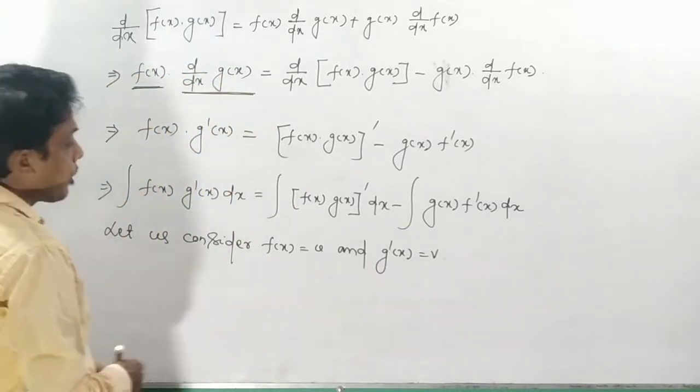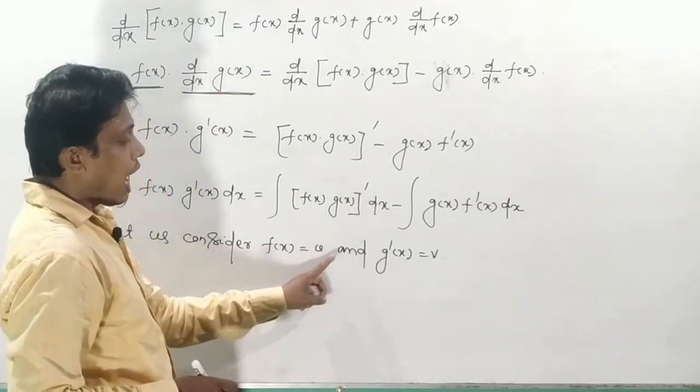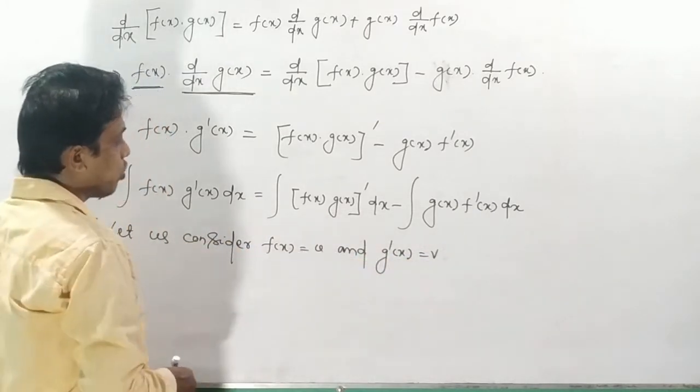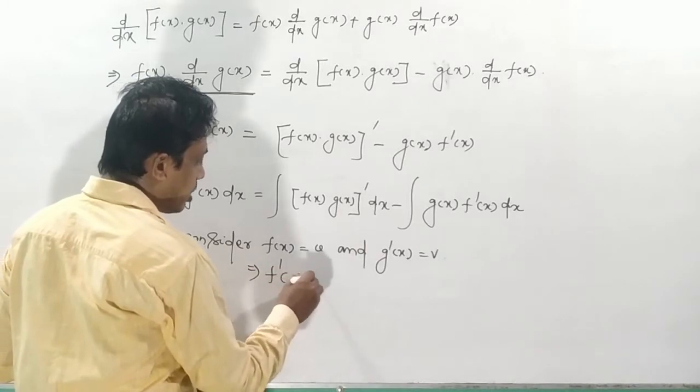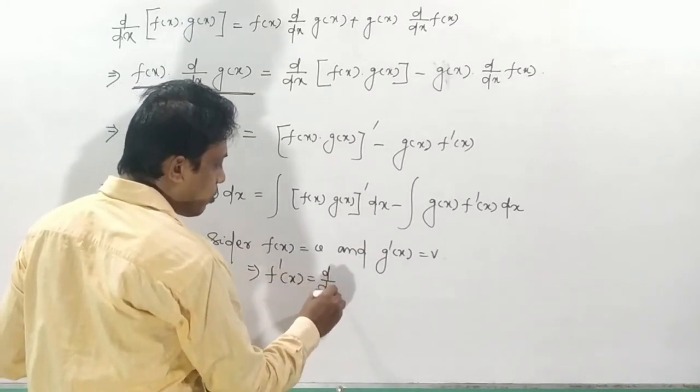If f(x) is u and g dash x is v, then f dash x is the derivative of u.